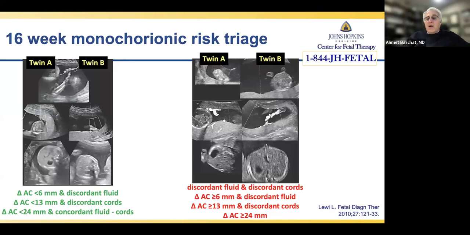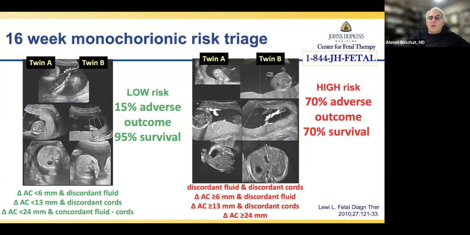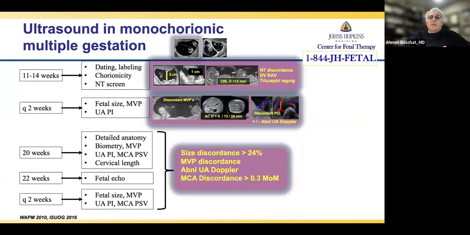So basically, a larger discordance in the abdominal circumference between both twins, discordant fluid and discordant insertion of the cords in the placenta is also, again, associated with a much higher risk for adverse outcome. And these patients, in our practice, we typically scan weekly rather than every other week, which is the baseline if everything is normal.